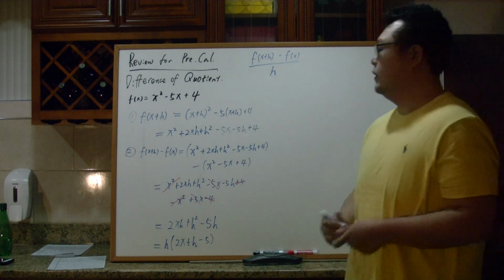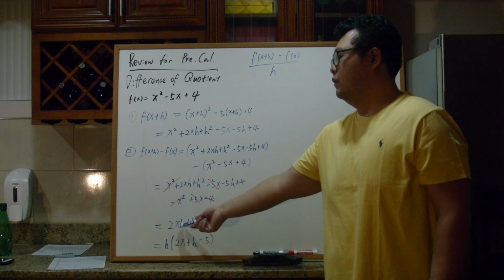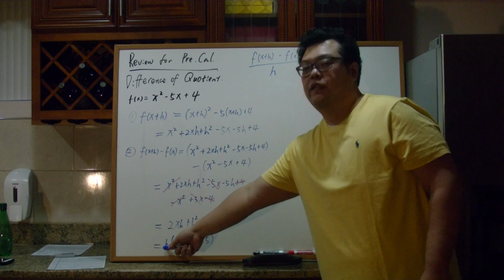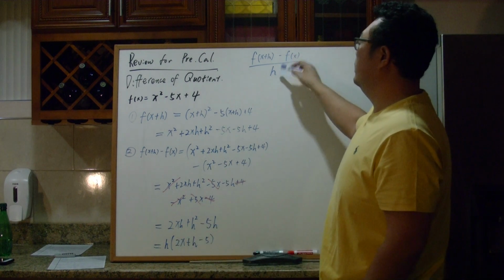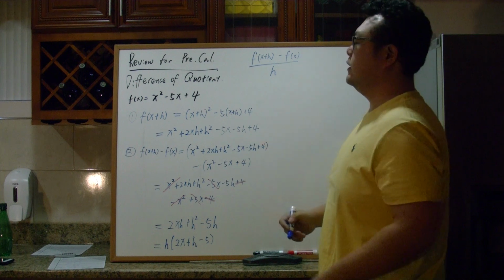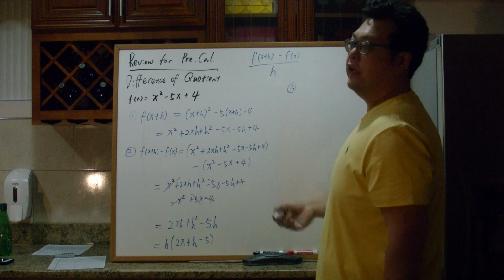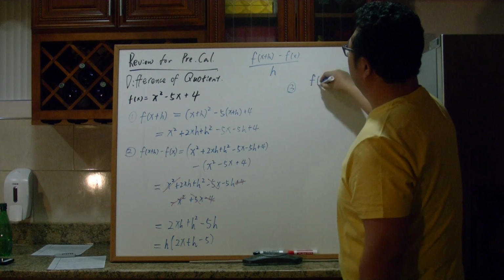Now, while we're taking out the h, well, we could leave it, but it will be a little more clear that everything has h as a term. So when we factor it out, we are able to cancel the denominator, which is the single h there. The third step is just to divide.